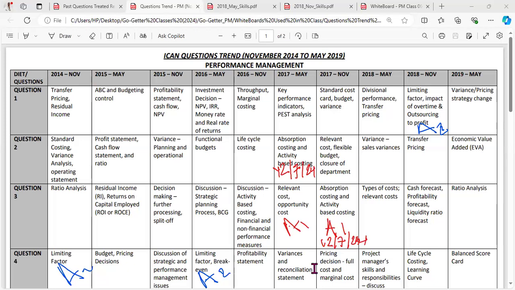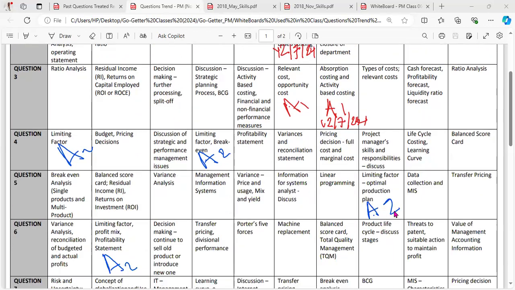Now let's look at this question here, May 2018, question number 5. This is limiting factor and optimal production plan. So this is what we are about to do now, this particular question.